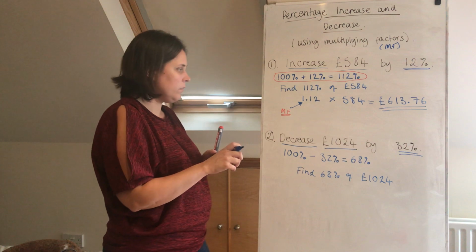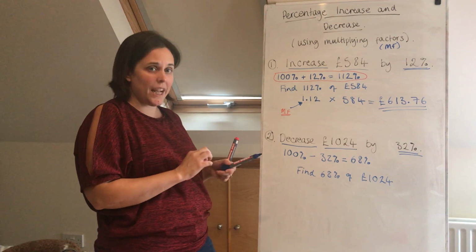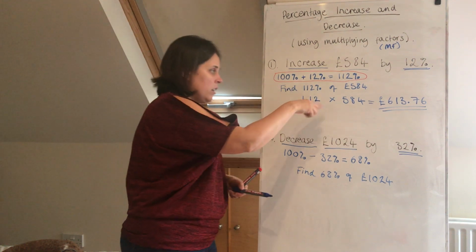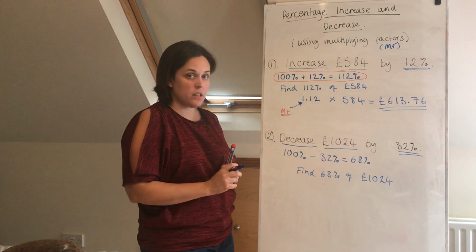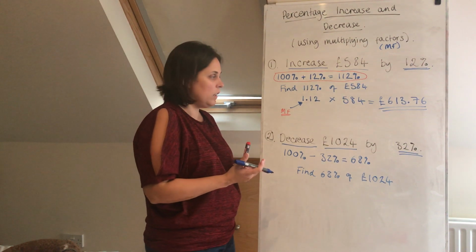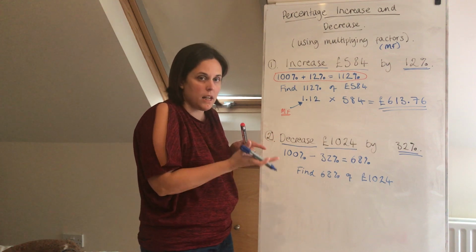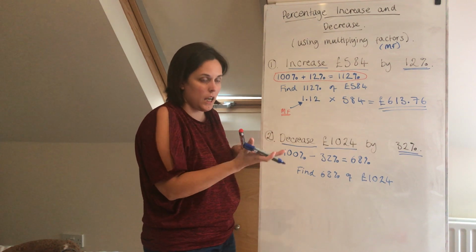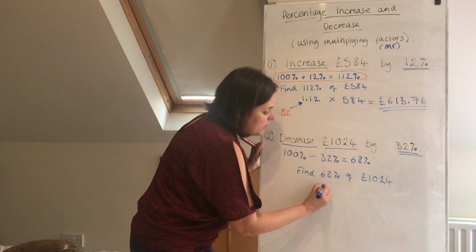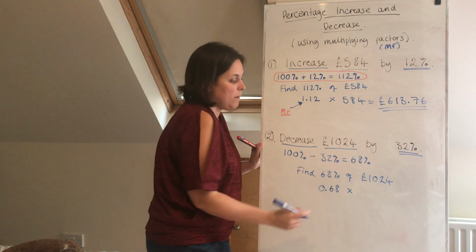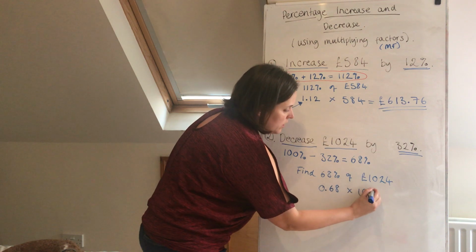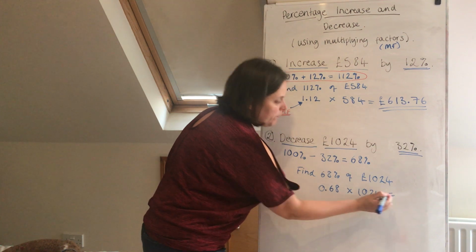Okay? So we just now need to change that into the sum. So we need to change 68% into a decimal. So 68%, percent means out of 100, so 68 over 100 is 0.68 times the 1,024, which was our original amount.